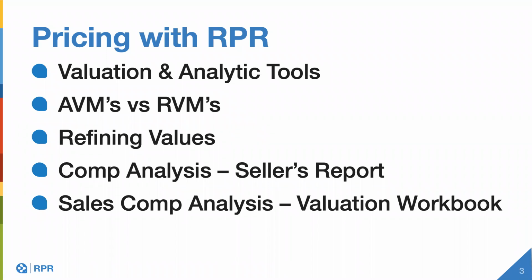So we're starting off with an RVM or an AVM and how you can refine that value based on what that homeowner has done to the property to improve it or not improve it. And then we're going to do two different types of CMAs today. One is a comp analysis, which generates a seller's report. And then I'm going to take you in briefly and just show you that sales comparison analysis also, which will generate a valuation workbook.